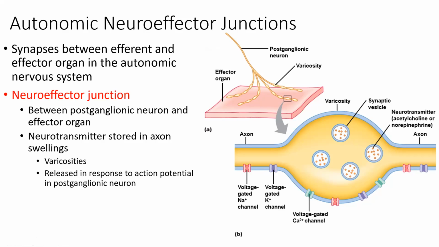And so when the action potential gets to the end of this postganglionic neuron, it's actually going to trigger the release of this neurotransmitter from these varicosities. And the events here are pretty similar to what we've been looking at, but the setup is slightly different. And we'll talk about some of those differences here in a bit.